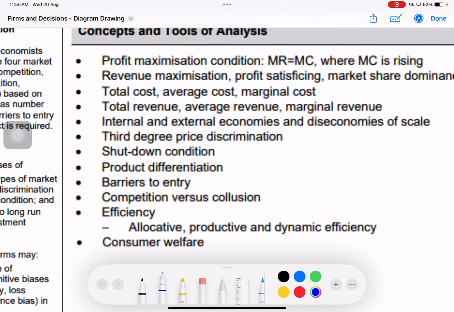Total cost, average cost, marginal cost. Actually, the good thing is if you know how the cost curves are being drawn, you are already showing your understanding of your cost curve. Okay? The other one is if you are able to identify your total cost from the diagram by referring to your average cost, that one is also showing this as your tools of analysis, because from the diagram you see AC curve.